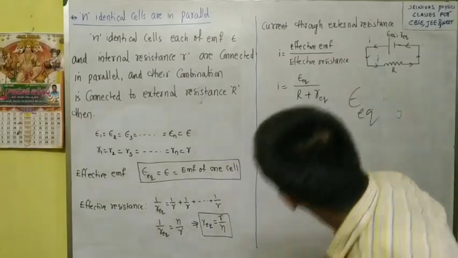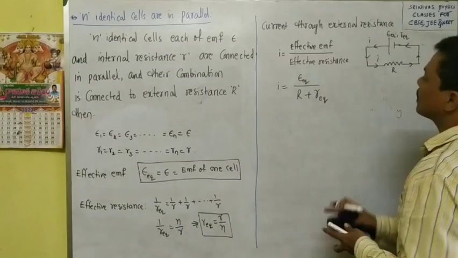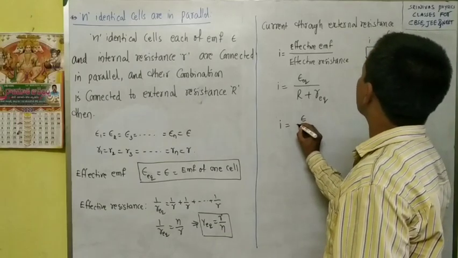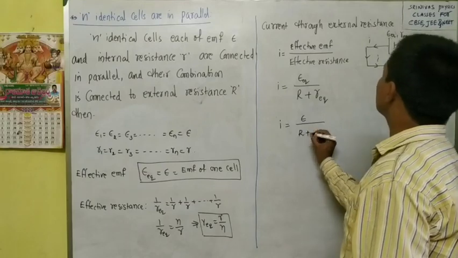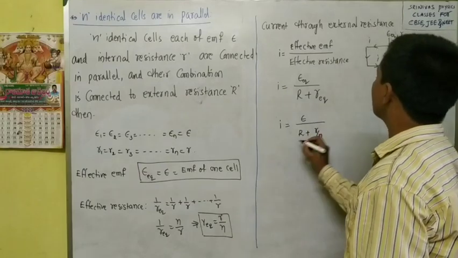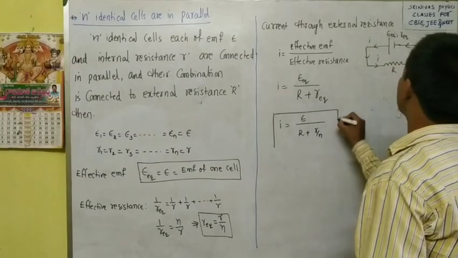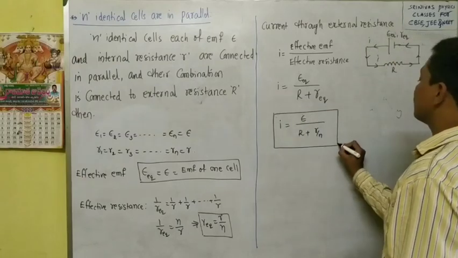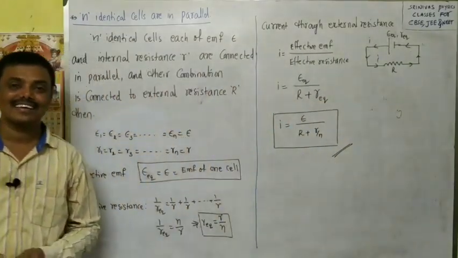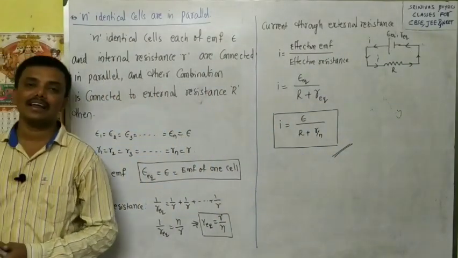Effective or equivalent, both are the same. Then the current formula is E equivalent, which is E, by capital R plus R equivalent, which is R by n. This is the formula for current in the parallel combination, right? With this we completed the series and parallel combinations.